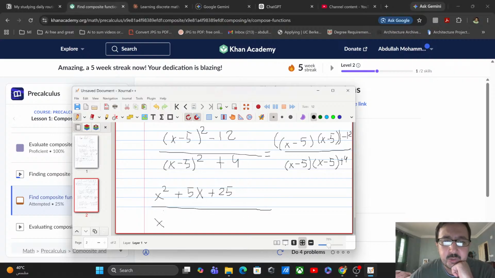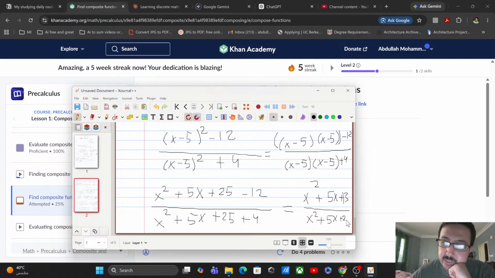Now do here x squared plus 5x plus 25. Here is plus 4, and here is minus 12. Go with x squared plus 5x plus 13, and this is x squared plus 5x plus 29.